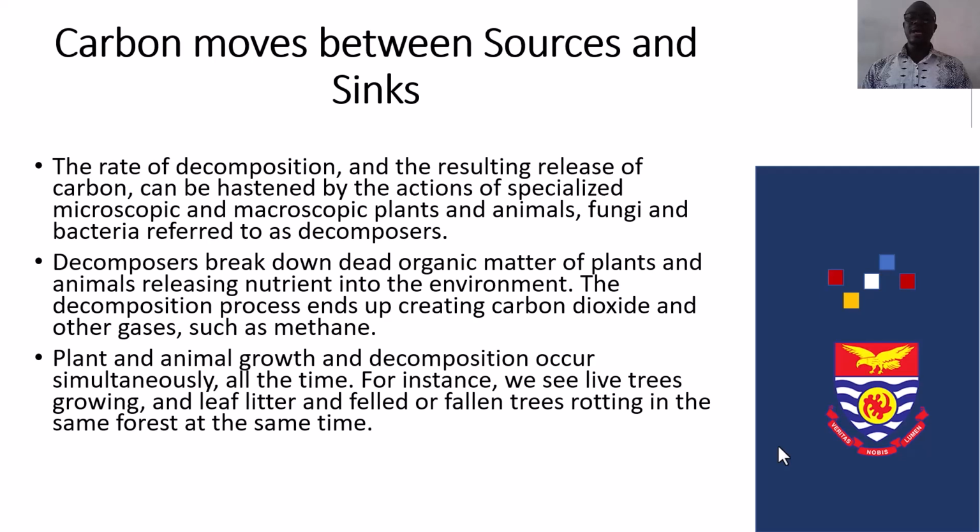Decomposers break down dead organic matter of plants and animals, releasing nutrients into the environment. The decomposition process ends up creating carbon dioxide and other gases such as methane. Plant and animal growth and decomposition occur simultaneously all the time. For instance, we see live trees grow and leaf litter and felled or fallen trees rotting in the same forest at the same time.